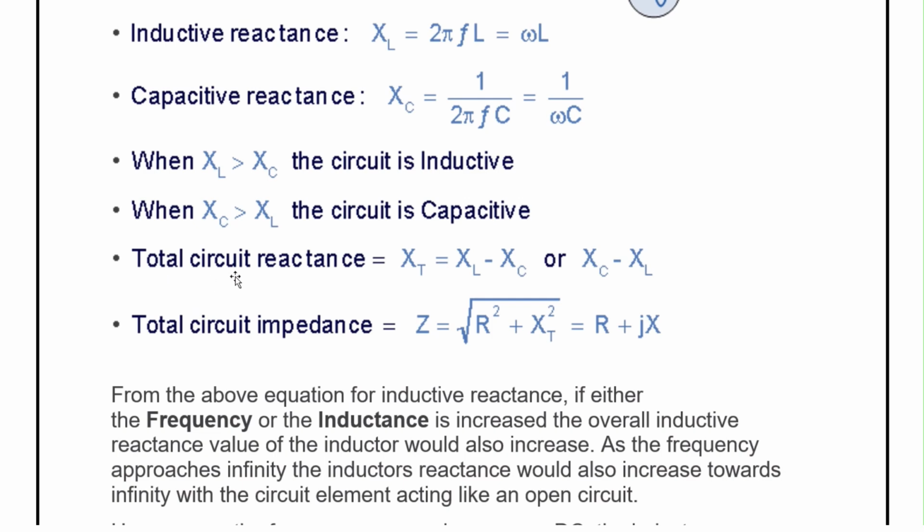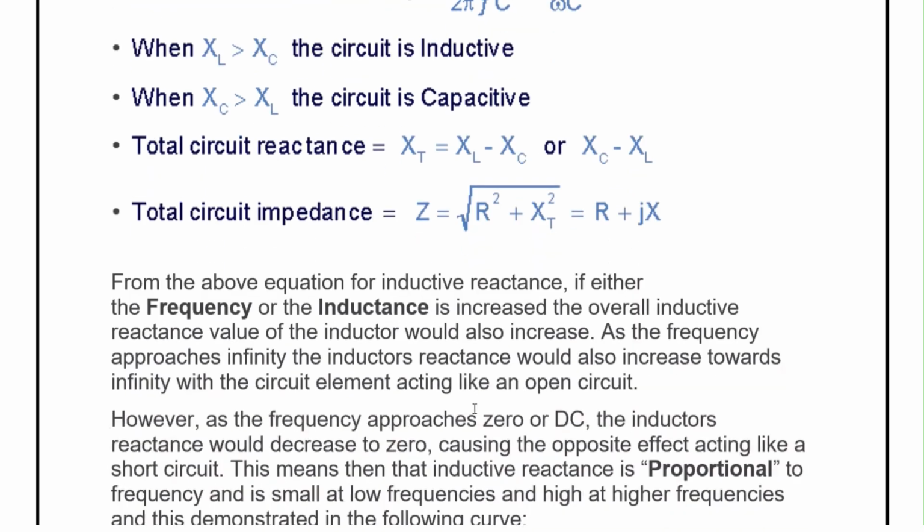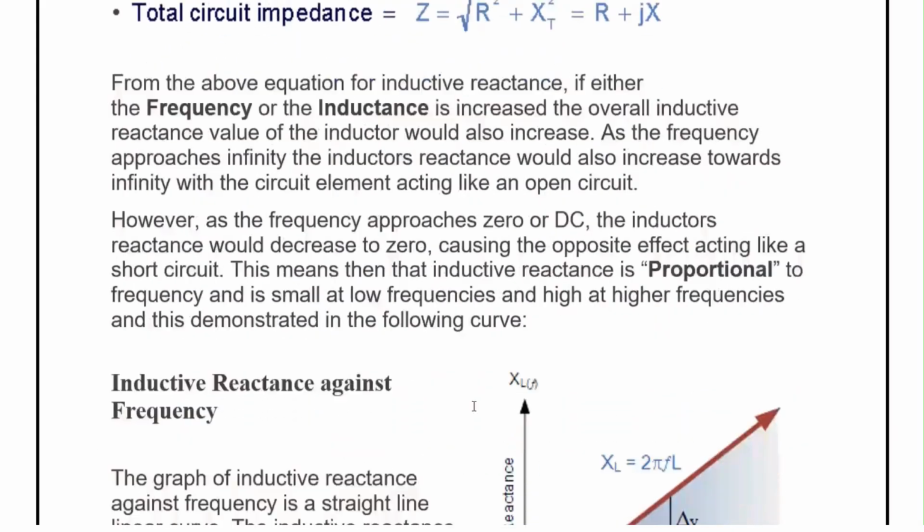So the total reactance in the circuit XT is equal to either XL minus XC or XC minus XL. It goes either way. Whichever is greater, we subtract from that one. And the total impedance of the circuit Z is equal to the square root of R square plus XT square.